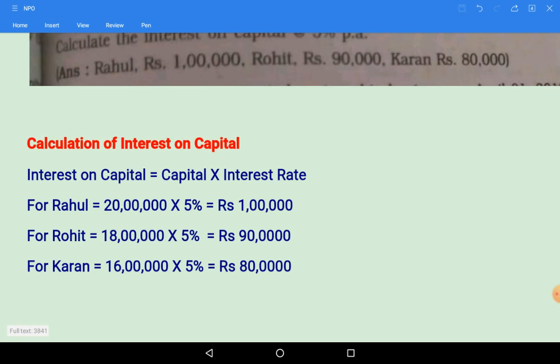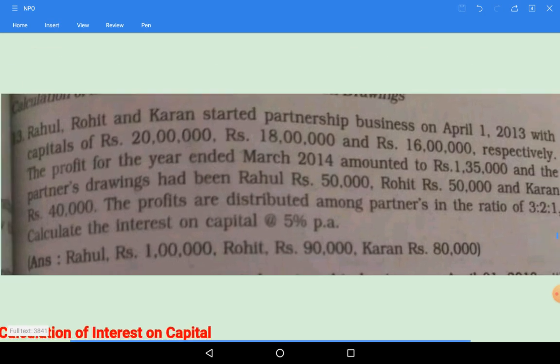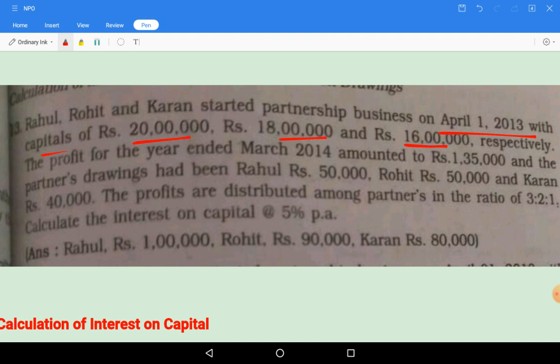Suppose here is question number 13. Rahul, Rohit and Karan started partnership business on 1st April 2013 with capitals of 20 lakhs, 18 lakhs and 16 lakhs respectively. This is Rahul's capital, this is Rohit's capital, this is Karan's capital.